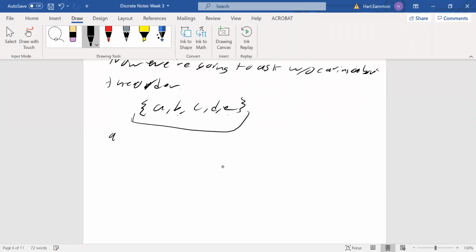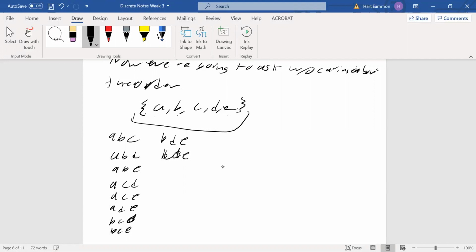So then we can do Alice, Bob, Charlie. We can do Alice, Bob, Dave. We can do Alice, Bob, and Emily. We can do Alice, Charlie, Dave. We can do Alice, Charlie, Emily. We can do Alice, Dave, Emily. We can do B, C, D, B, C, E, and then B, D, E, then C, D, E. And this should be all of them.